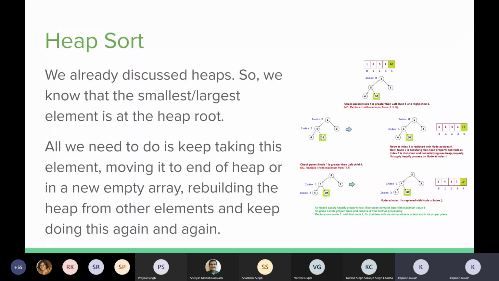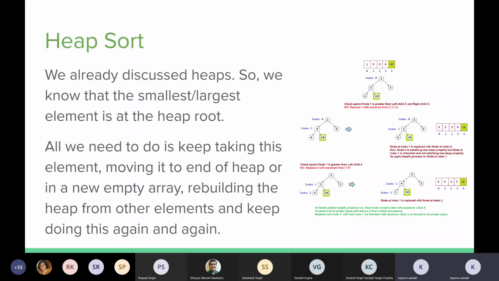So you remove one and then you rebuild the heap. Basically, you take the parent element, remove it or move it into some other array, then take the last element of the heap and move it to the root and then bubble down. Once you have the new heap, you take the root element again, put it into the second array, bubble down, and so on and so forth.